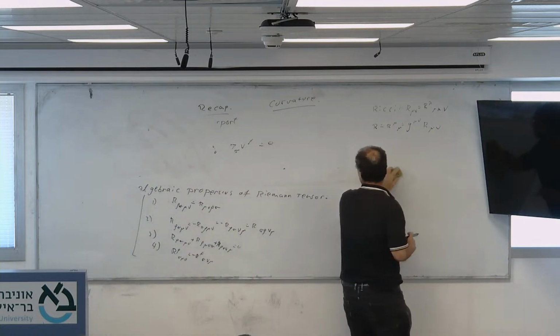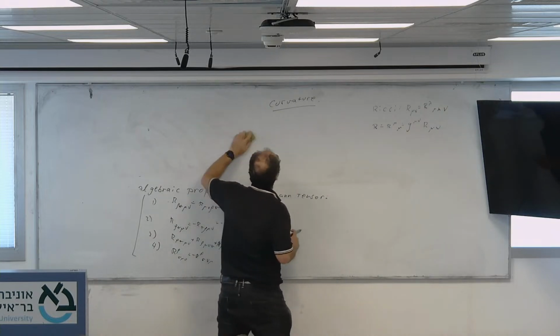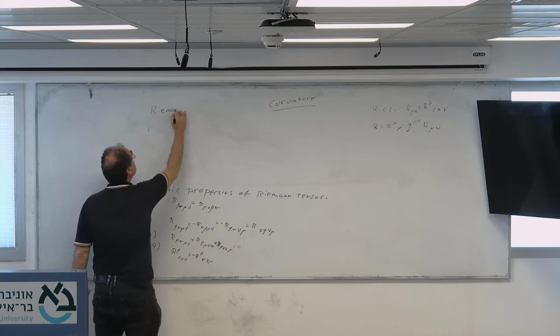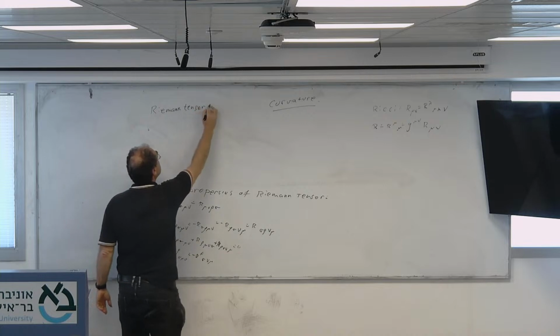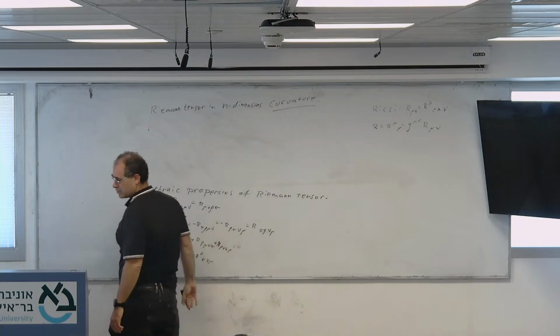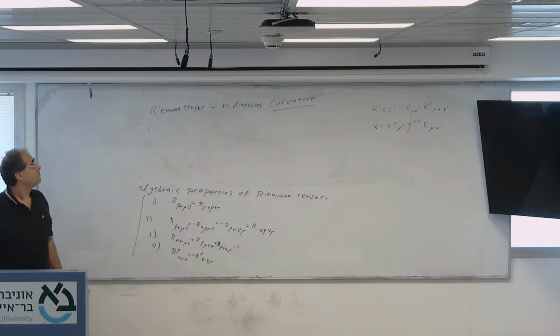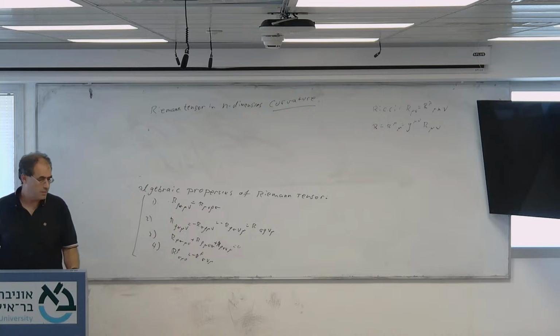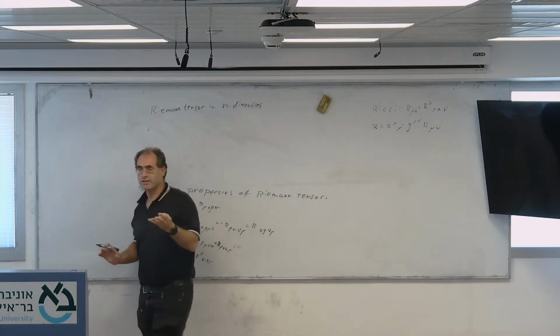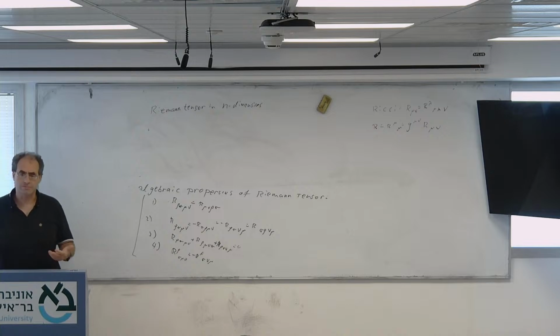The general description of a Riemann tensor in n dimensions: the Riemann tensor has 4 indices, so how many different components does it have? 256.